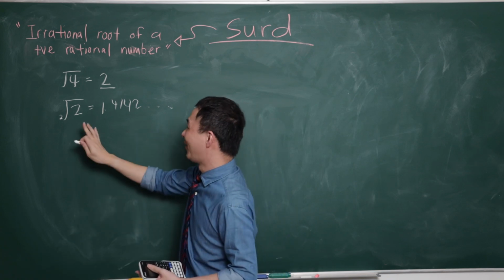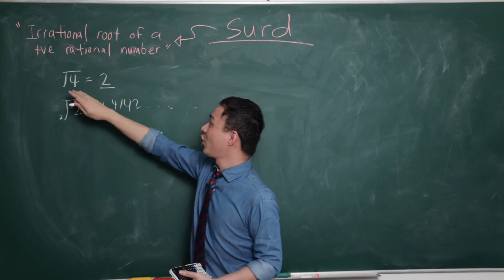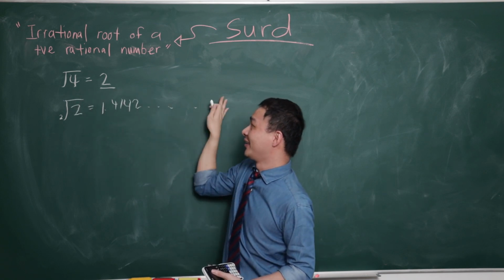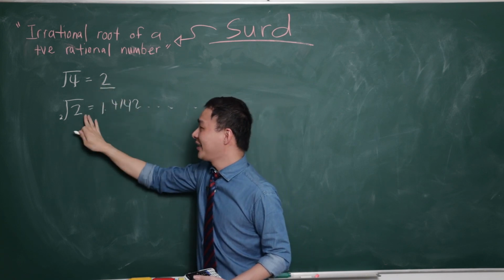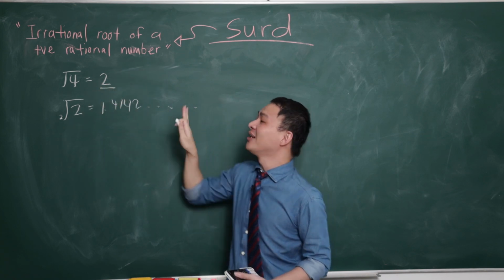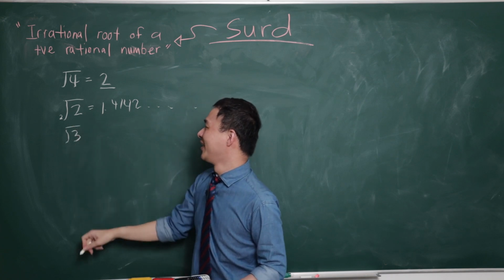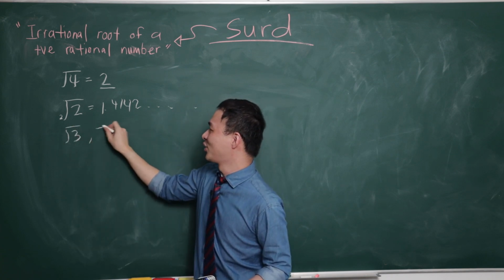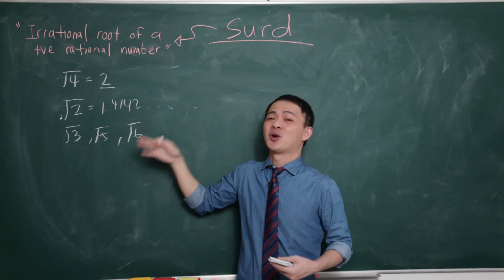But that one doesn't matter. So right now, at least you need to understand, if you do the square root already and you don't get an infinite decimal, it is not a surd. If you do the square root and the number gives you an infinite decimal, then it is a surd. So I can give you more examples like square root 3, it's an infinite decimal, square root 5 is an infinite decimal, square root 6 is an infinite decimal, and so on.